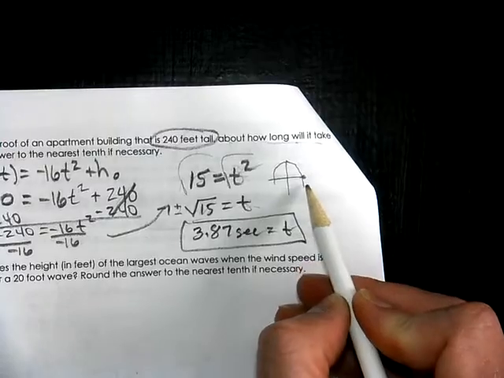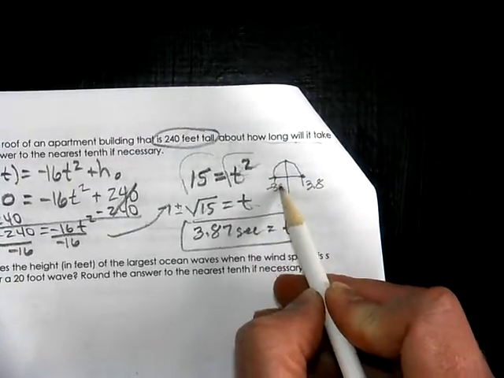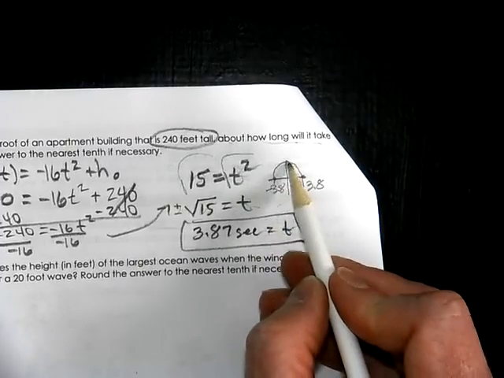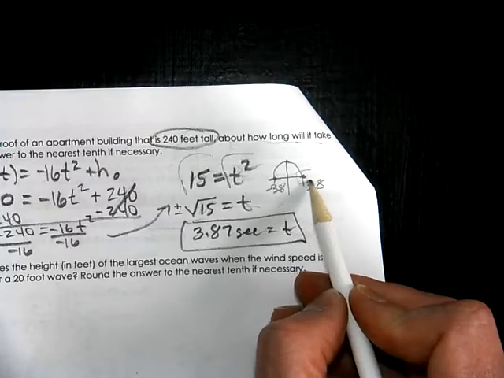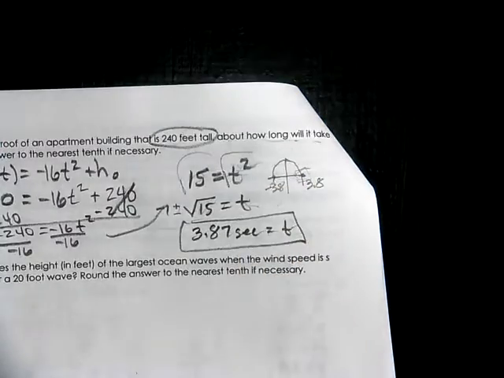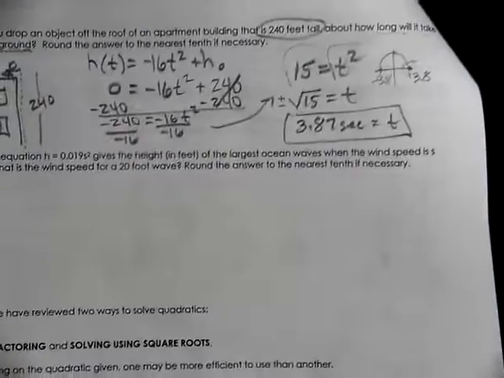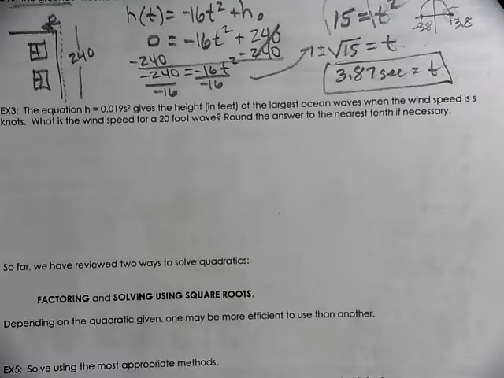So we're out here at 3.8, and we're back here at negative 3.8. So what's the time that it took the object to hit the ground? We're only looking at this x-intercept. We're not looking at that x-intercept. So that's why our time is only positive. We don't consider negative for time or distance.